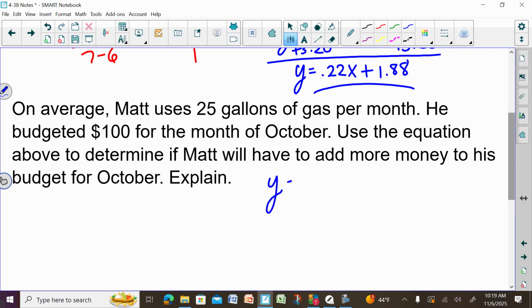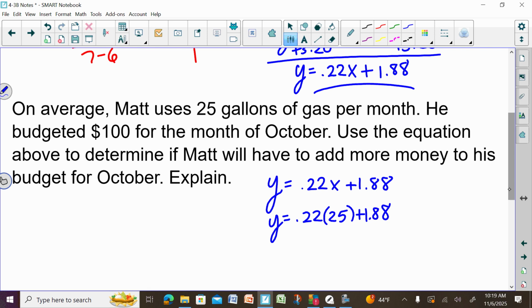So Y equals, it's 25 gallons. And so Y equals 22 cents, 25 plus $1.88.